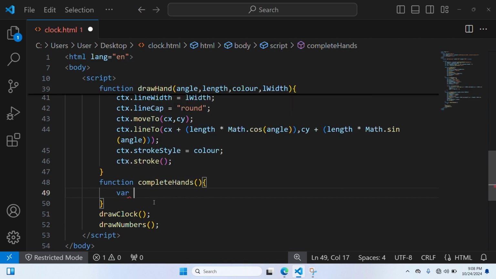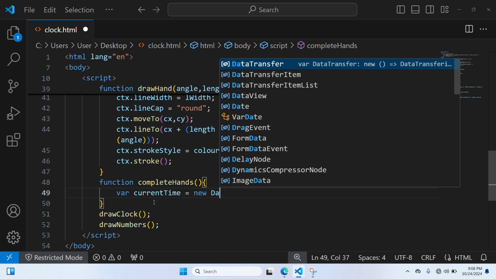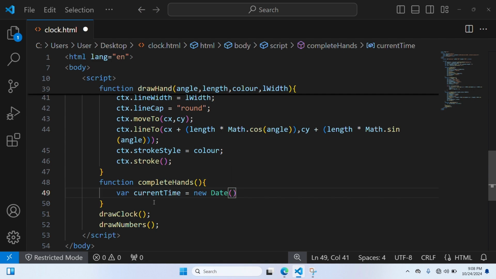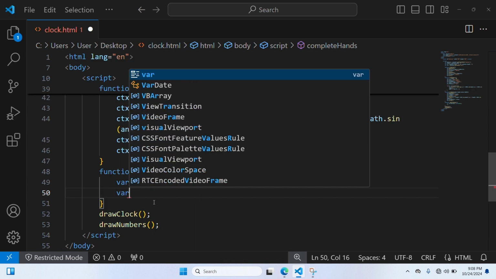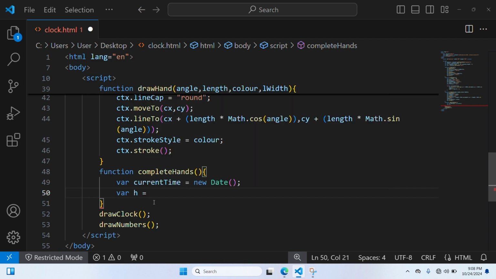So here currentTime is equal to new Date, and from this current time we are going to access the hours, minutes and seconds separately, and we will store them in separate variables. So let's add it. Here h is equal to, h for hours, currentTime.getHours, but these hours will be up to 24, and in our clock there are only numbers from 1 to 12.